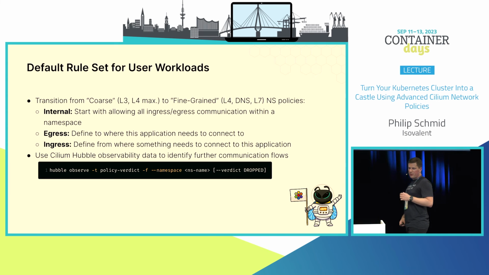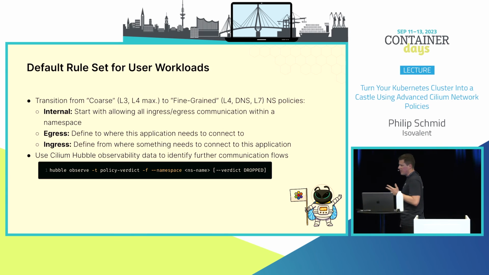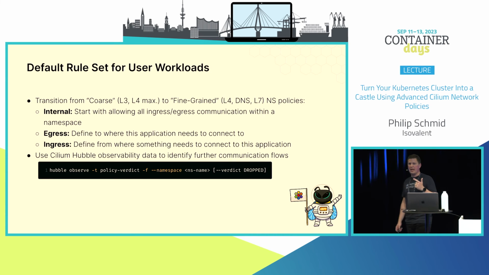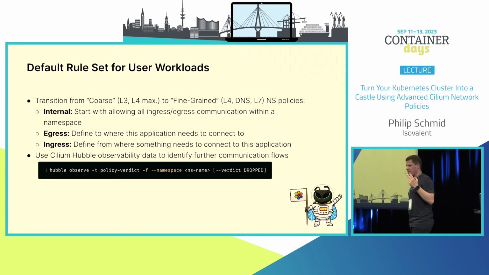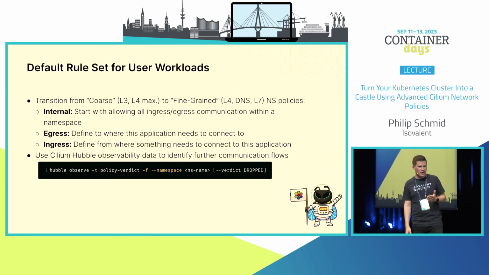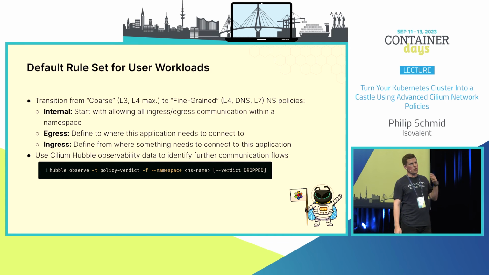And if you work on that, you basically need to take care about 3 different things. First of all, again, you have the namespace internal traffic, then you have the namespace egress traffic and the namespace ingress traffic. And if you got everything correct, you shouldn't see anything left that's dropped as a false positive while using Hubble Observe.